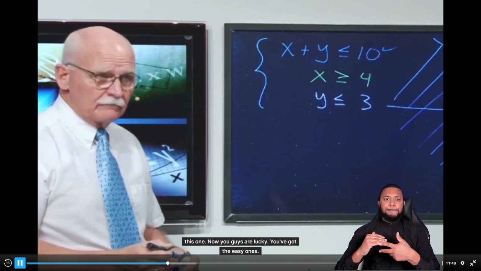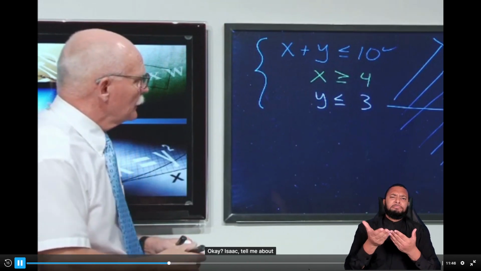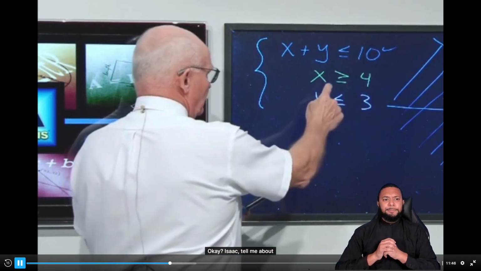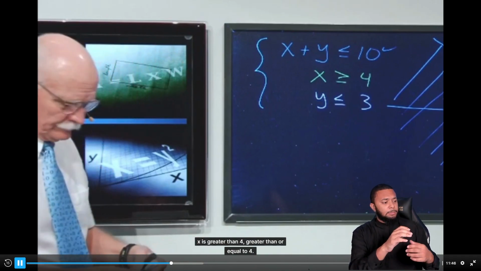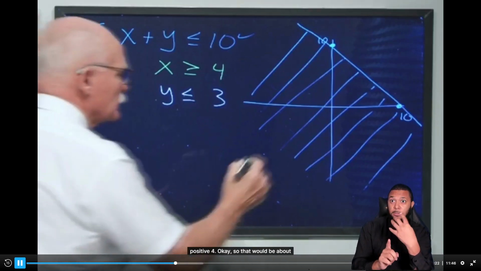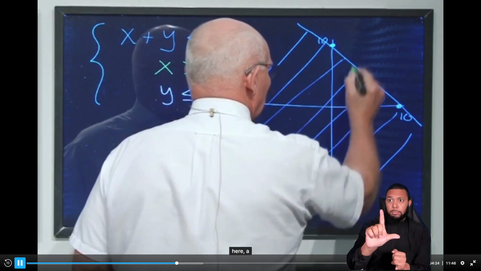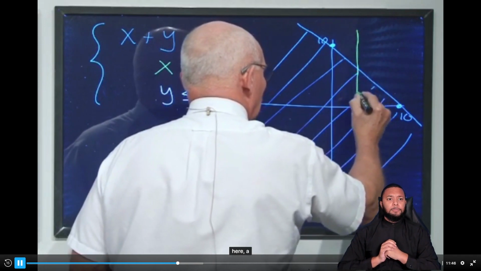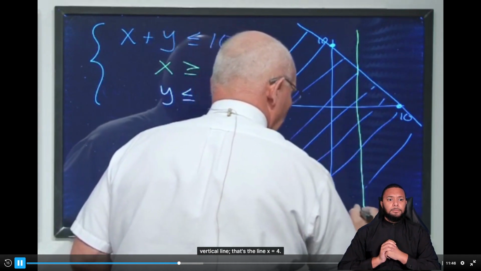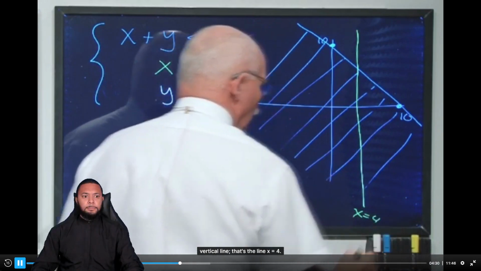Now you guys are lucky. You've got the easy ones. Okay? Isaac, tell me about x is greater than 4. Greater than or equal to 4. So we would have a vertical line at positive 4. Okay, so that would be about here, a vertical line. That's the line x equals 4.